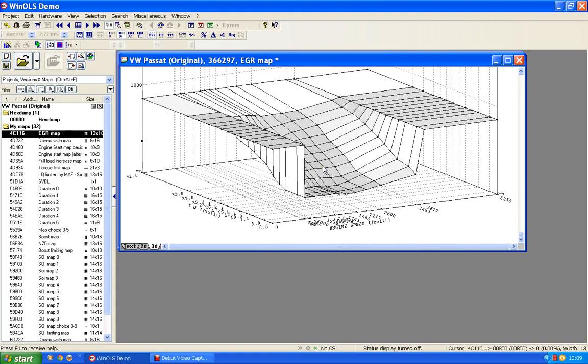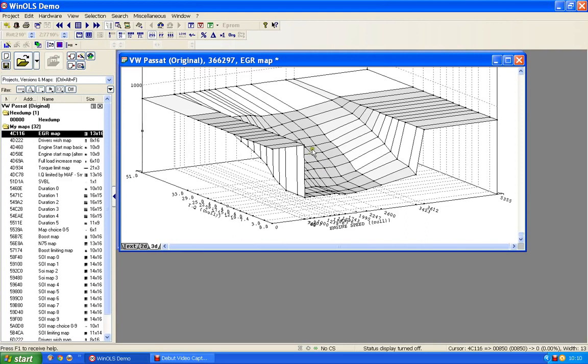Then we get to about 12.5 milligrams per stroke of fuel. The value here is getting nearer to 400, so I'm getting somewhere in the region of 450 from the EGR. And as I go up, I'll miss that one, I'll go up to that one to make a reasonable jump.